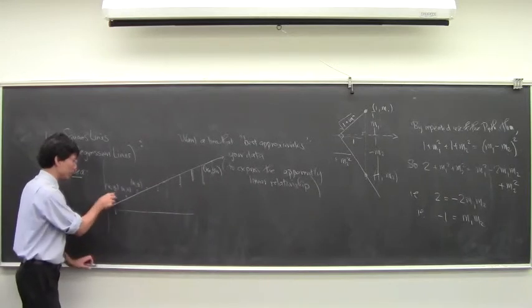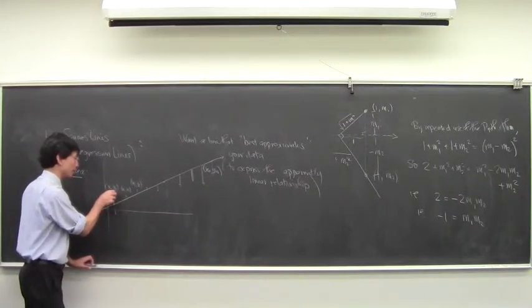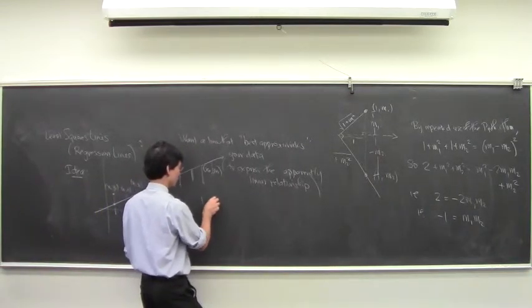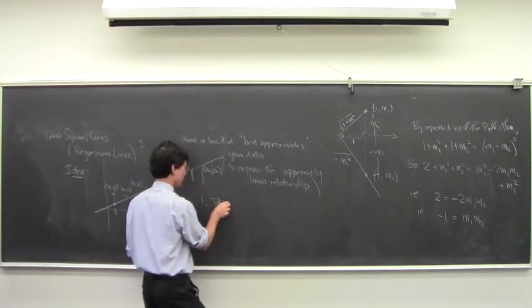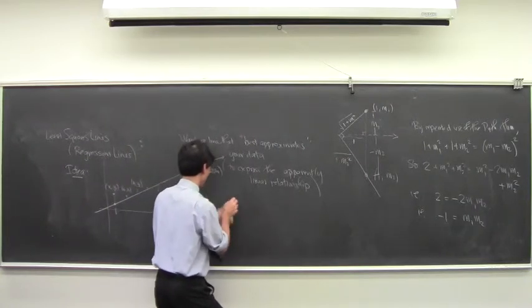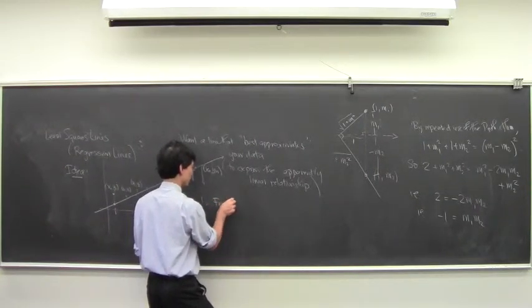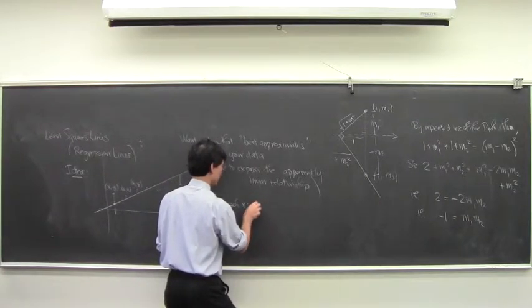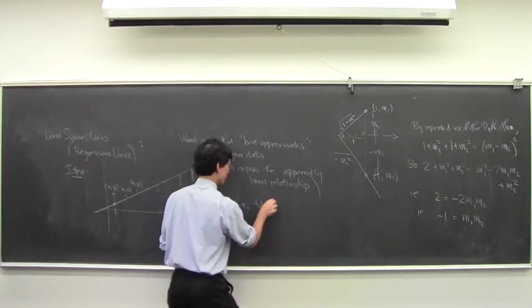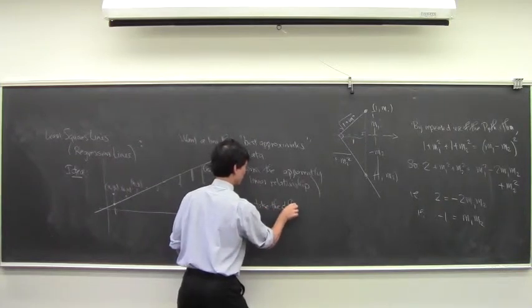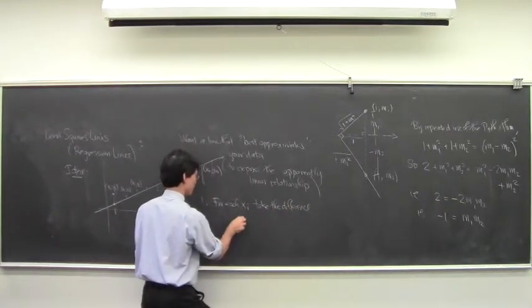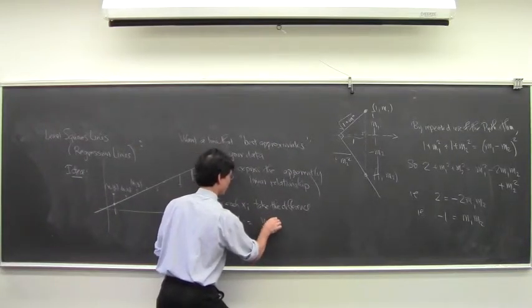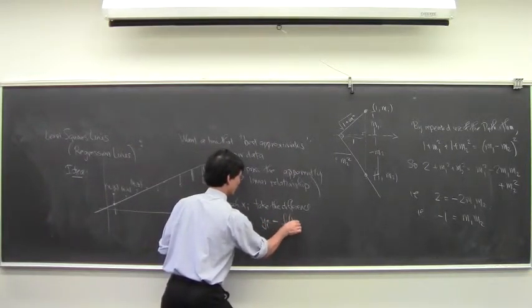And what you do is you take those lengths and you square them. Take the difference d sub i, which is y sub i minus L at x sub i.